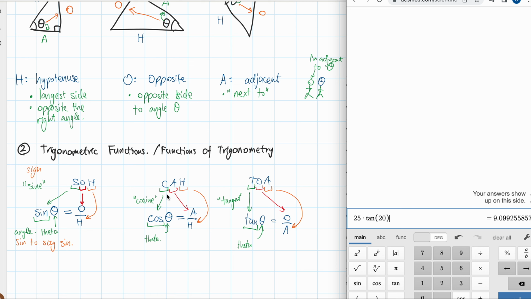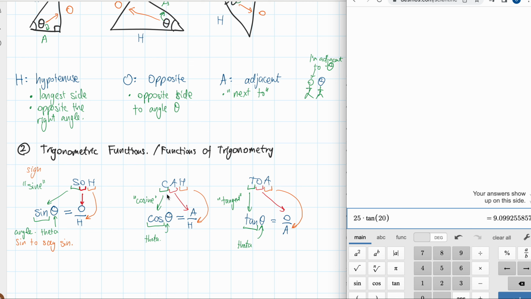Now with these three trig functions, we can solve for the sides of any right-angled triangle that we'll see in the Year 9 course. So SOH CAH TOA helps us remember the sine, cosine, and tangent equations and when to use them.